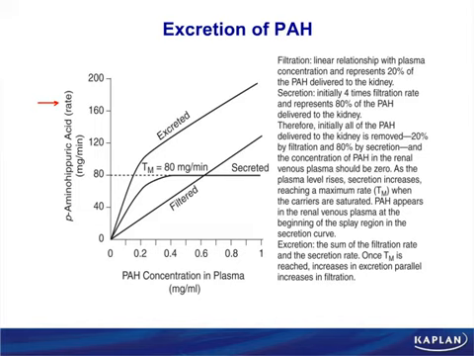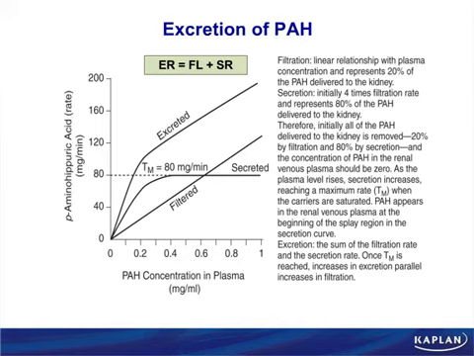Rate of what? Rate of three things. Rate of filtration, or filtered load. Rate of secretion, because PAH is secreted. And rate of excretion. Now remember, excretion rate is equal to filtered load plus secretion rate. And that's the equation we're going to use to explain this graph.